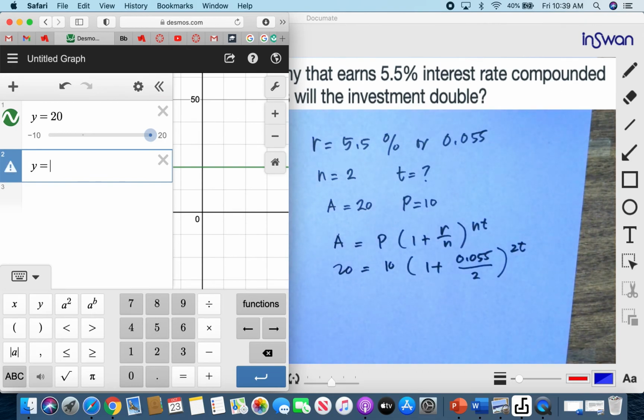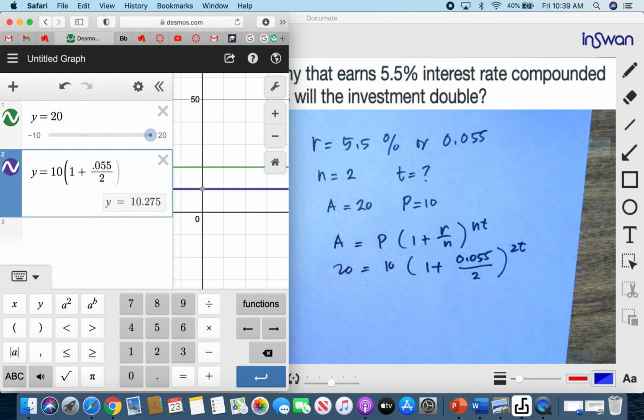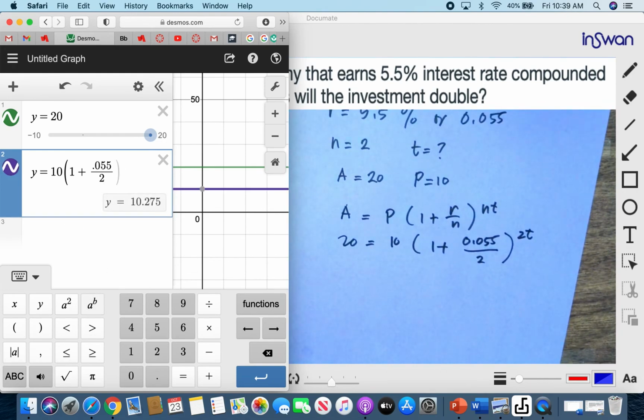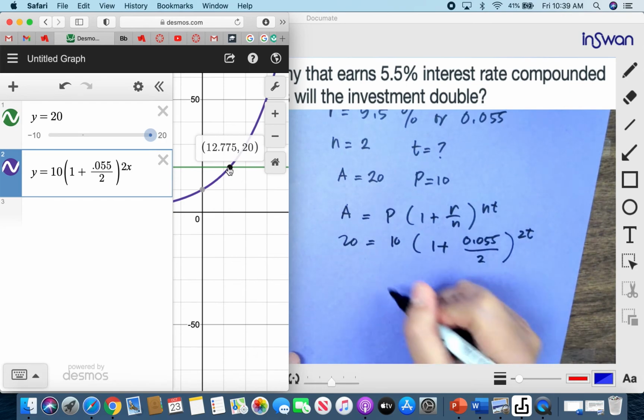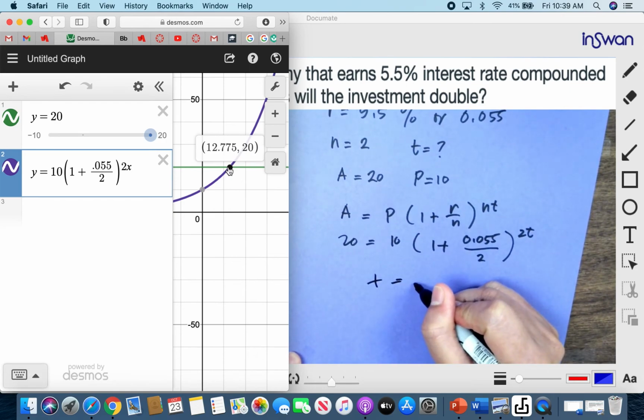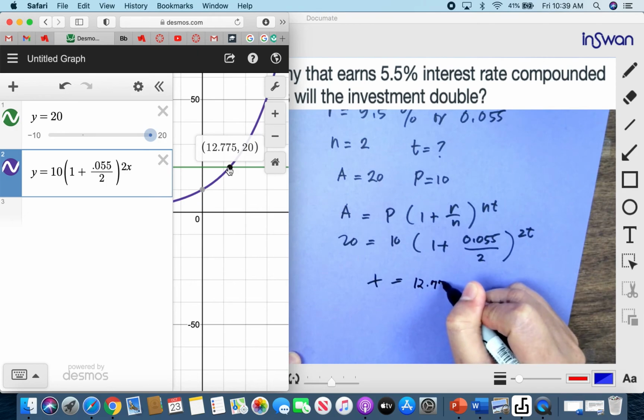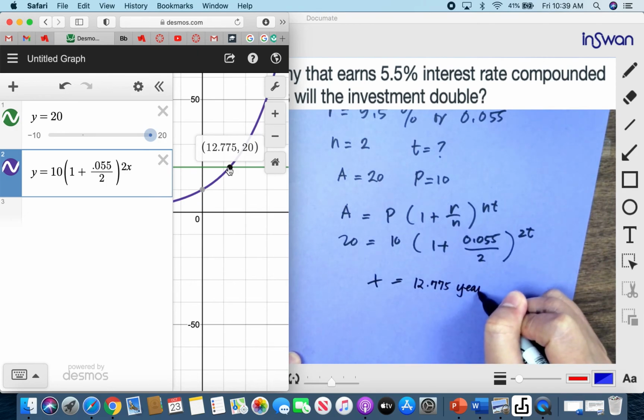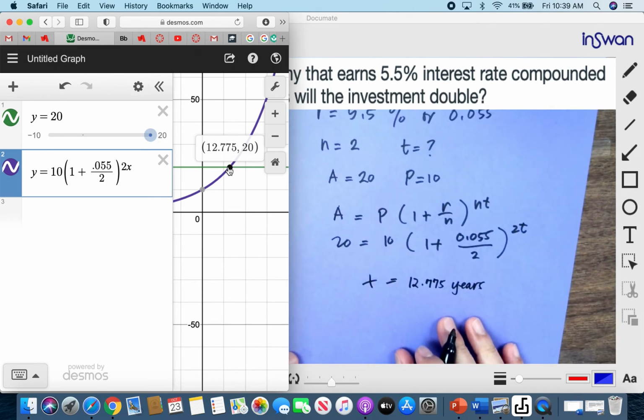So the other equation is y equals 10 times 1 plus 0.055 divided by 2, and then our exponent is 2x. And as you can see, you have the point of intersection, which is t equals 12.775 years.